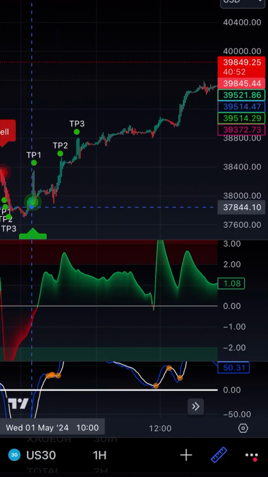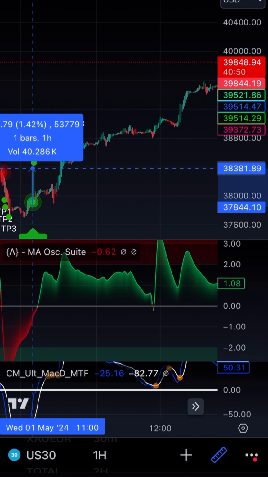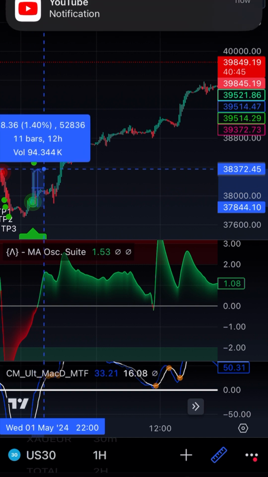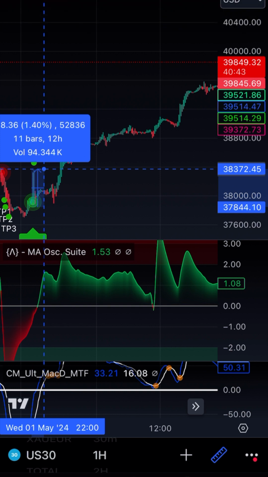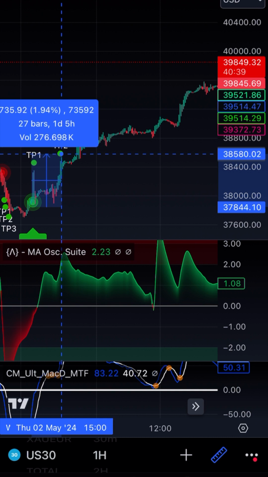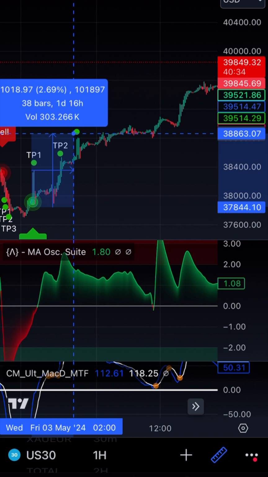Okay, so right here we got our buy signal. If we rode it out to the first take profit, we're looking at about $528 for the first take profit. We got about $745 for the second take profit.